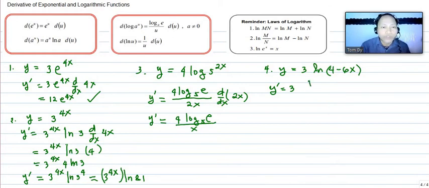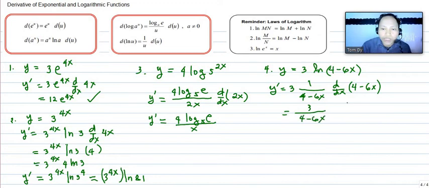So 1 over our u, that is 4 minus 6x, times the derivative of 4 minus 6x. So that 3 times 1 equals 3 all over 4 minus 6x. Derivative of 4 minus 6x equals negative 6. So we will multiply negative 6 times 3, that is negative 18.